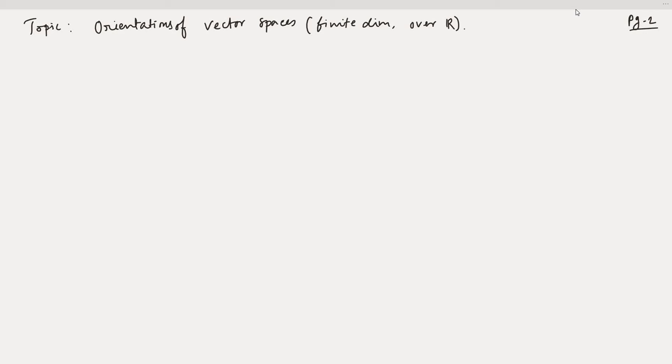Okay, so let us consider V be a vector space over the set of all reals, and this is a finite dimensional vector space, and suppose dimension of V equal to n.